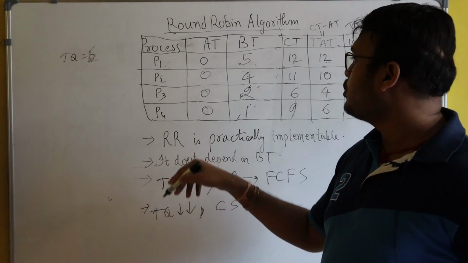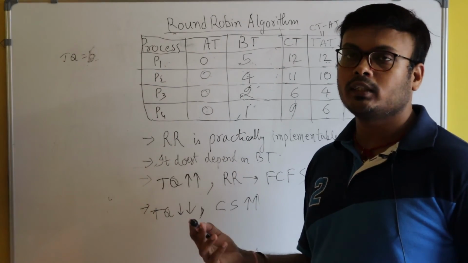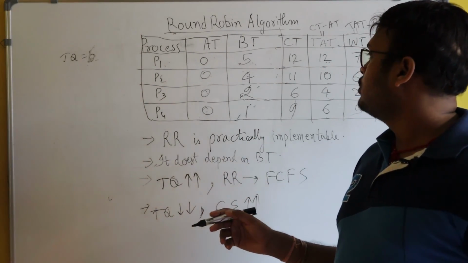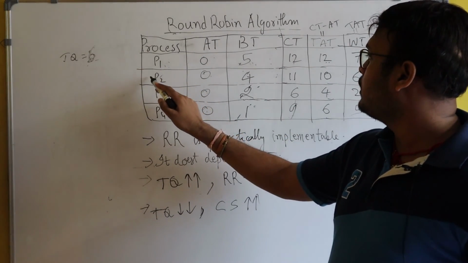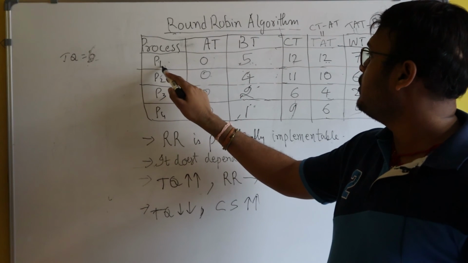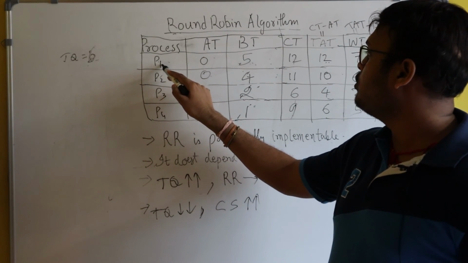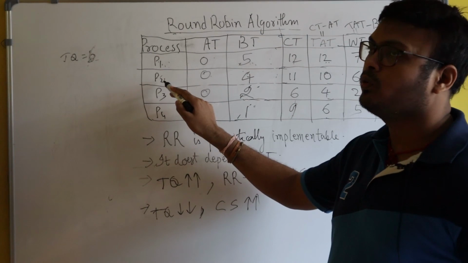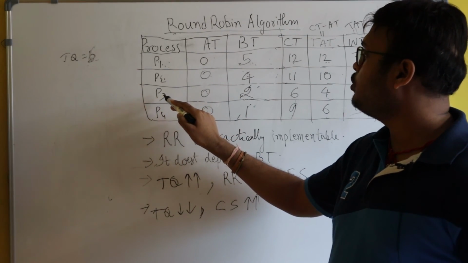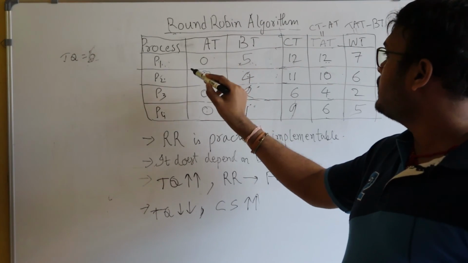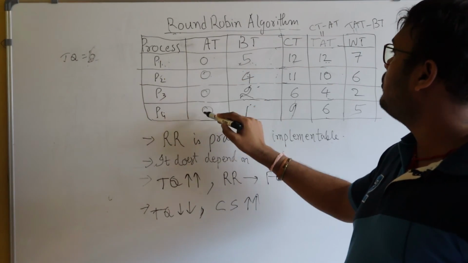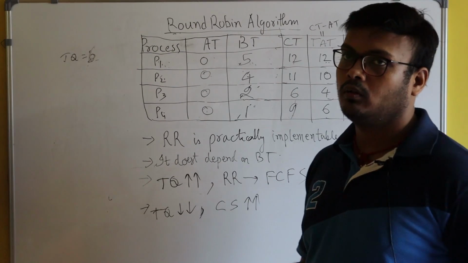It means all the processes have entered the ready queue at the same time. Then you just give the CPU as per their process ID. P1 will be given the CPU first. After that, P2, then P3, then P4. For this condition, don't look at the arrival time, because the arrival time is the same for all.